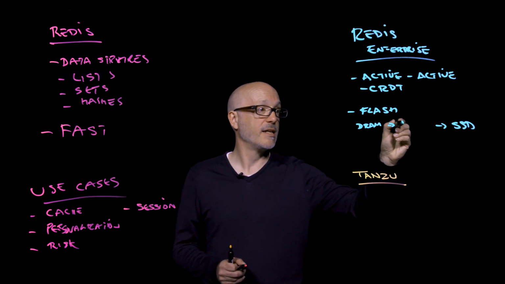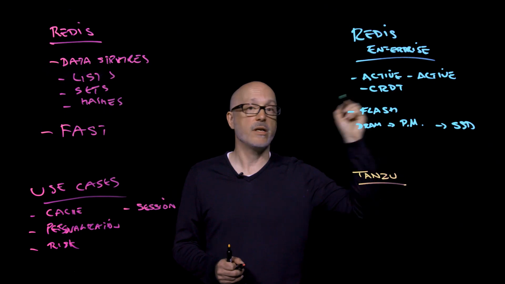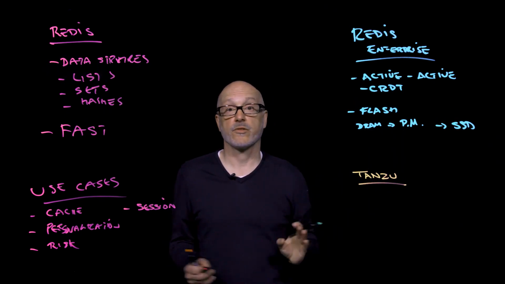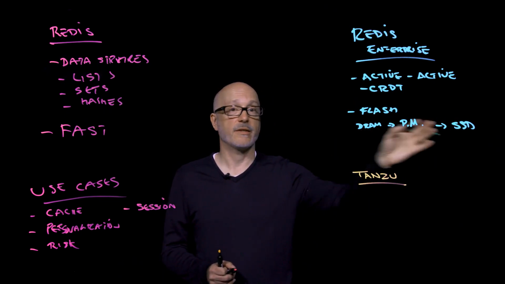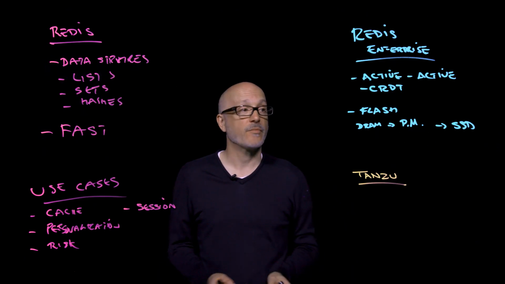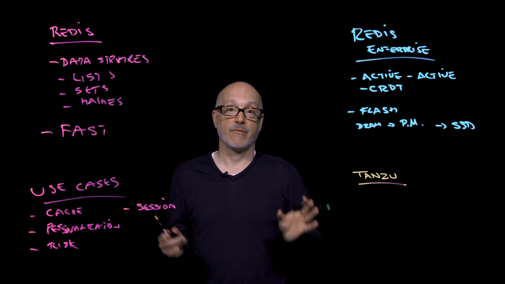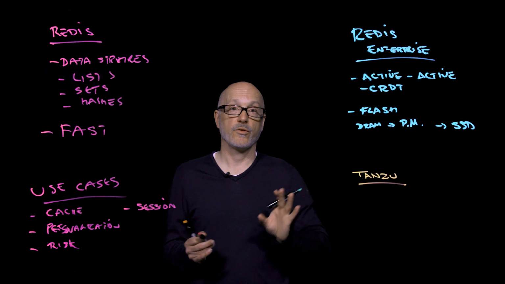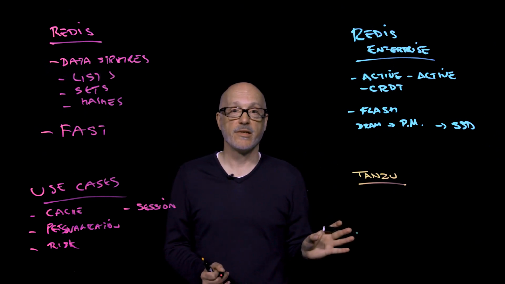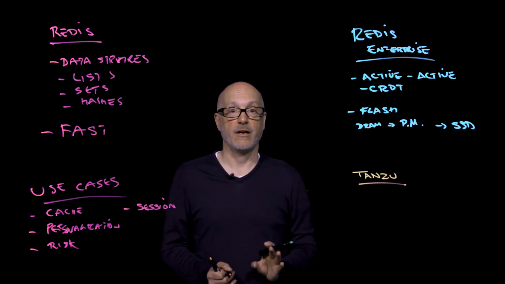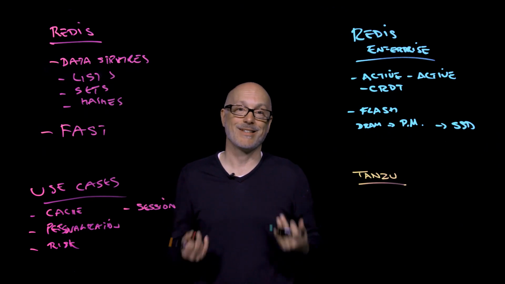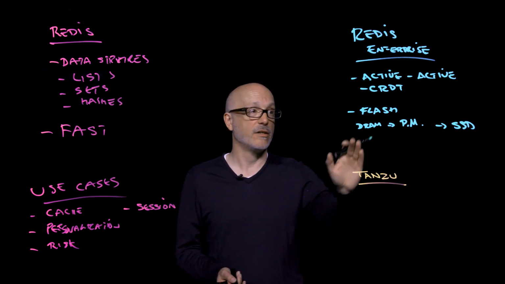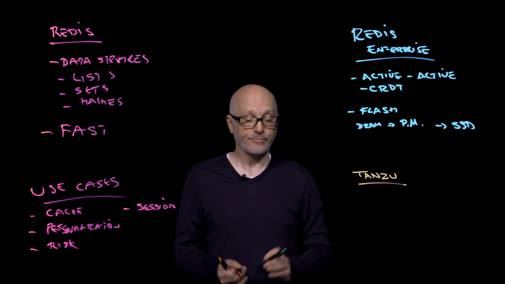And with technologies like Intel's persistent memory, you can now tier it across multiple layers to ensure that the data is in many places. And so this allows you to get the right cost model for your data. Whether it's hundreds of terabytes of data, you can store this cost effectively and still retain the access to the data using Redis on Flash.